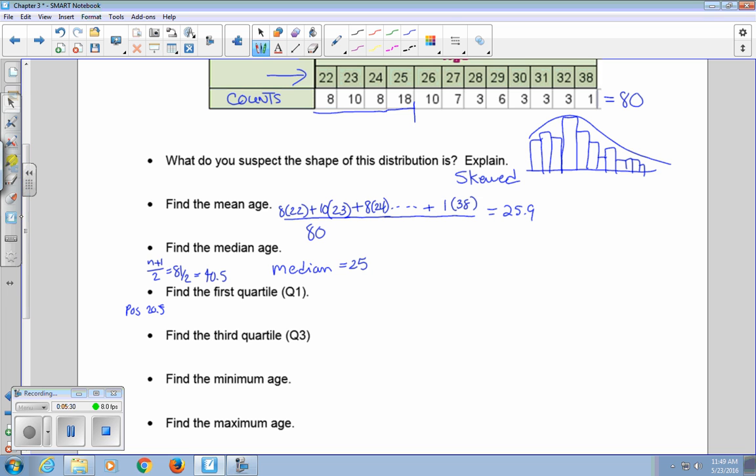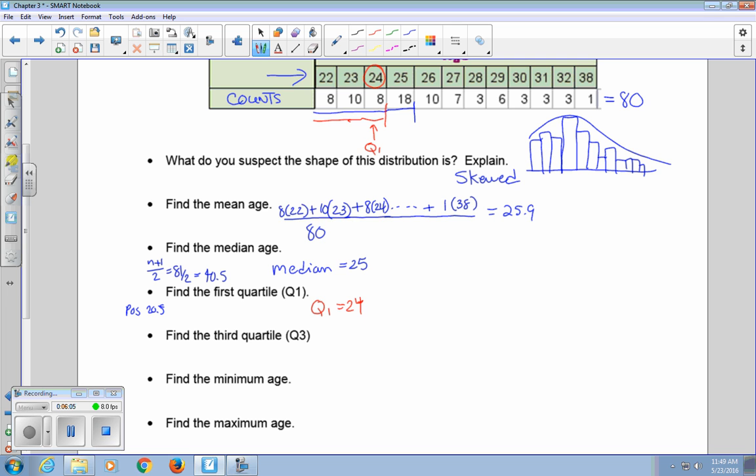So again, we're going to start over here and go over till we get to the 21st data point. 8 plus 10 is 18, plus 8 gives me 26. Now again, we've passed the 20th and 21st right in this bin, and so our Q1 will equal 24. Q1 equals 24.